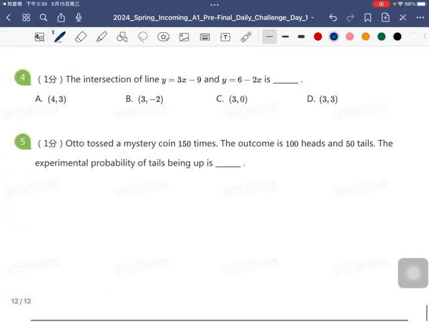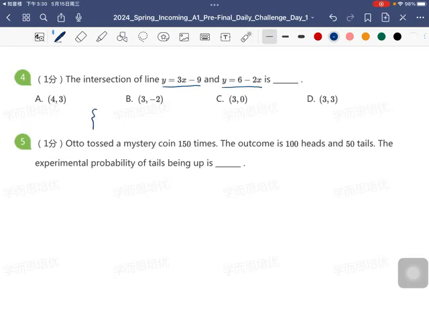Alright, for question number 4, the intersection of the lines y equal to 3x minus 9 and y equal to 6 minus 2x is... So we have two linear equations and they are intersecting at one single point. What is this point? Well guys, I have to repeat this: the solution of a linear equation is also a point on the graph. So if this point is an intersecting point, it means it's the solution for both of the equations.